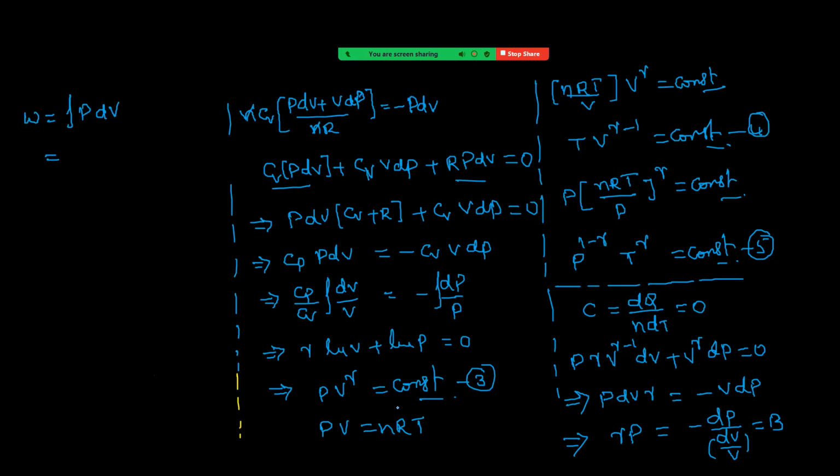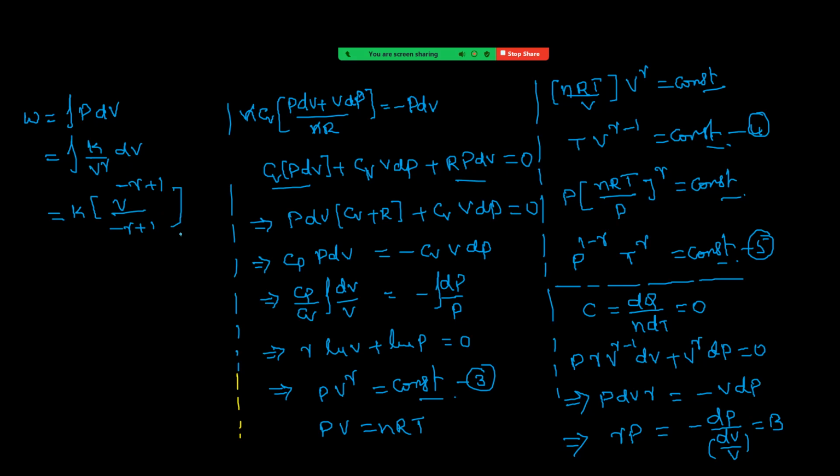From the equation P V power gamma equal to constant, let us take it as some constant K. Then I can write in the place of P that constant K upon V power gamma dV. Now take limits, V initial to V final. I'm taking K outside. This is V power minus gamma into dV. That becomes V power minus gamma plus 1 upon minus gamma plus 1.